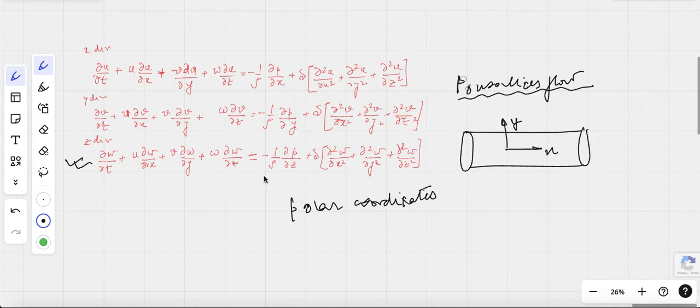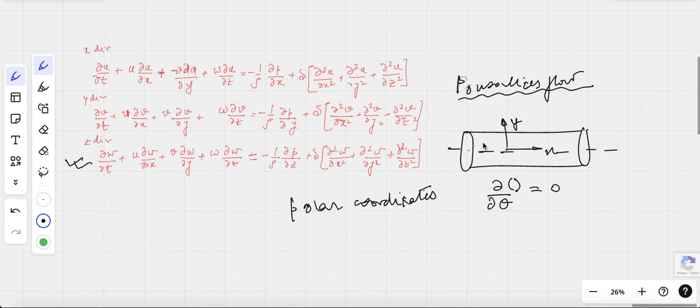So if we take a very long pipe which is axisymmetric, so from axisymmetry we get these terms as 0.